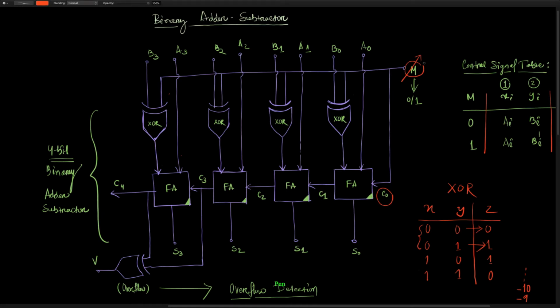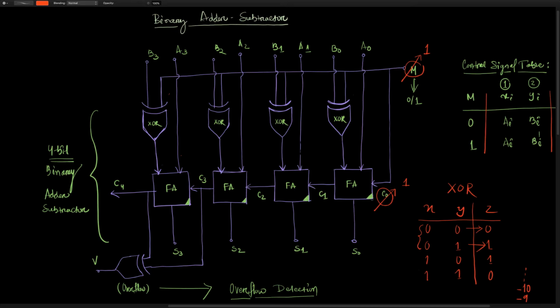But what happens in the case of M equal to 1? If M is equal to 1, C0 always goes to 1. This circuit does the 2's complement subtraction, not the 1's complement subtraction or signed binary subtraction.